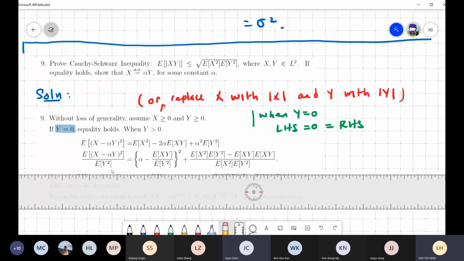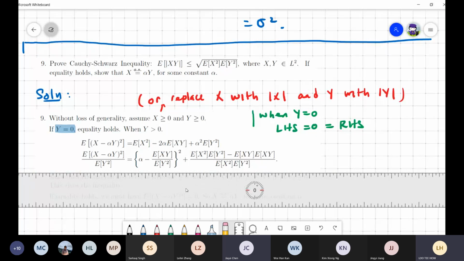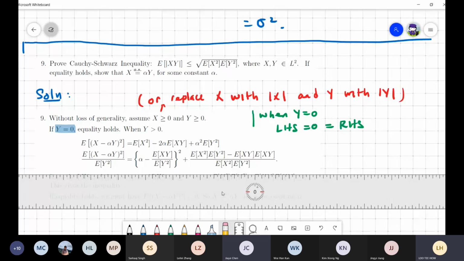Oh yeah, I think I have a mistake over here. Sorry, I have a typo here. Please make a correction. This thing is supposed to be Y squared.